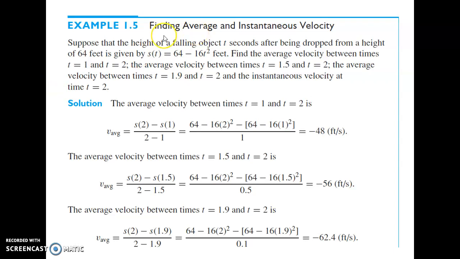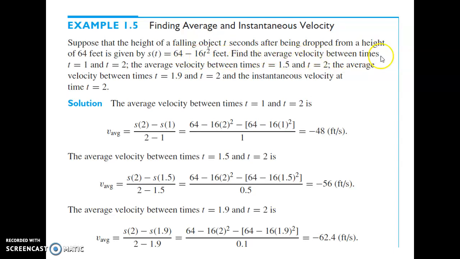Well, now we take an example for finding average and instantaneous velocity. Suppose that the height of a falling object t seconds after being dropped from a height of 64 feet is given by this. This is your position function, which is given in feet.